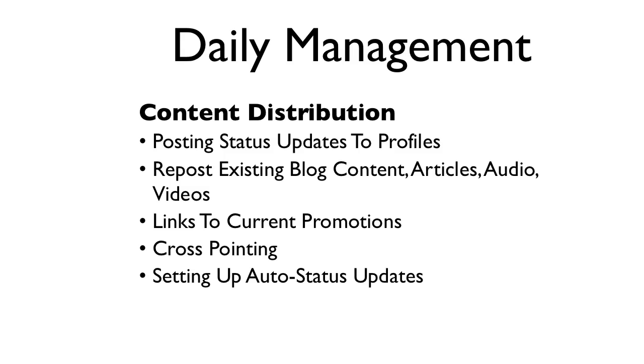Content distribution also includes reposting existing blog content, all their different articles, maybe their audios, their videos from YouTube, right? Any content that they have that's posted publicly online that you can find, you can use and distribute through their social media networks, so they get a second chance to be viewed, or multiple chances to be viewed.